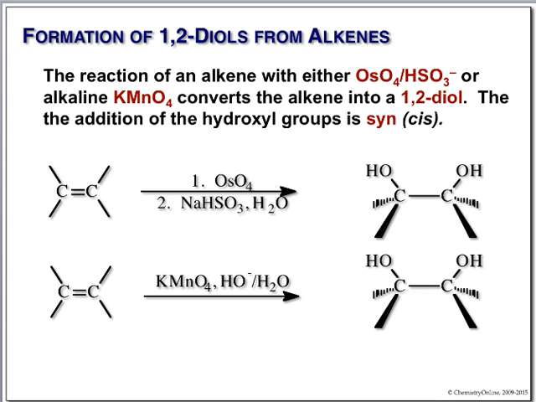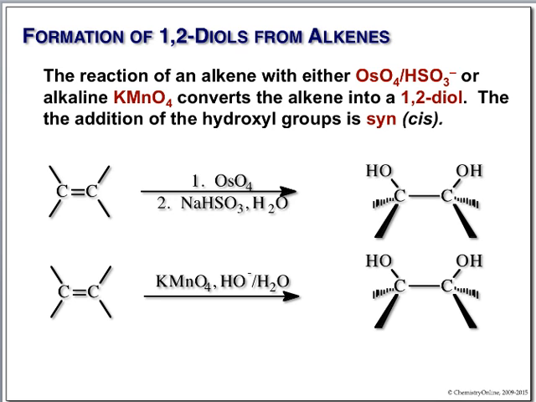It works really well. Permanganate doesn't work as well, but it's dirt cheap. This is what most people would use, unless it was a very rare, expensive molecule. In both of these reactions, we get 1,2-diols, and in both of them, they are cis.